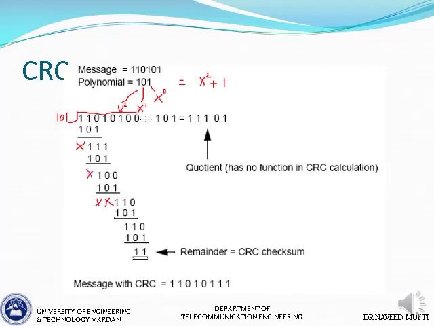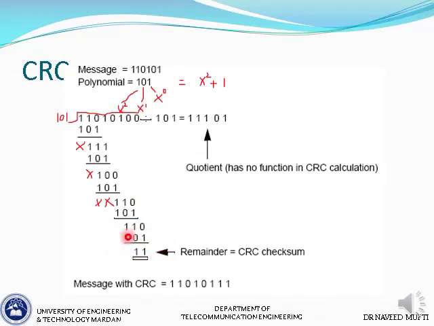Anyways, so we have this one, and then we bring this one down. Still the number is smaller than that, we put a 0 here, and then we bring this 0 down, and then we multiply by 1 to get 101. We again do the XOR, a cross will come here, and now we have the final 0 here. We again multiply by 1, and ultimately that's what we get.